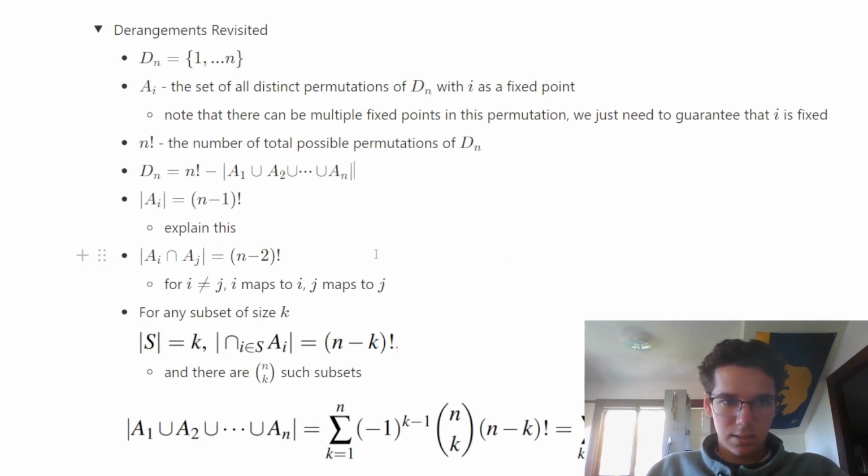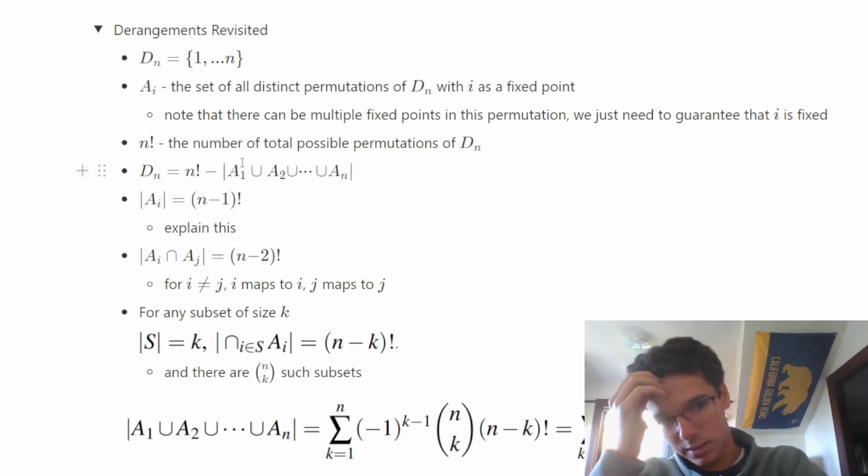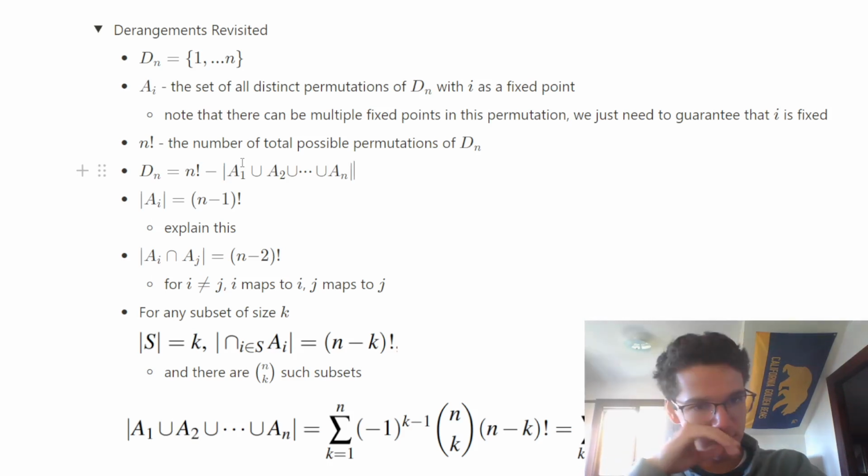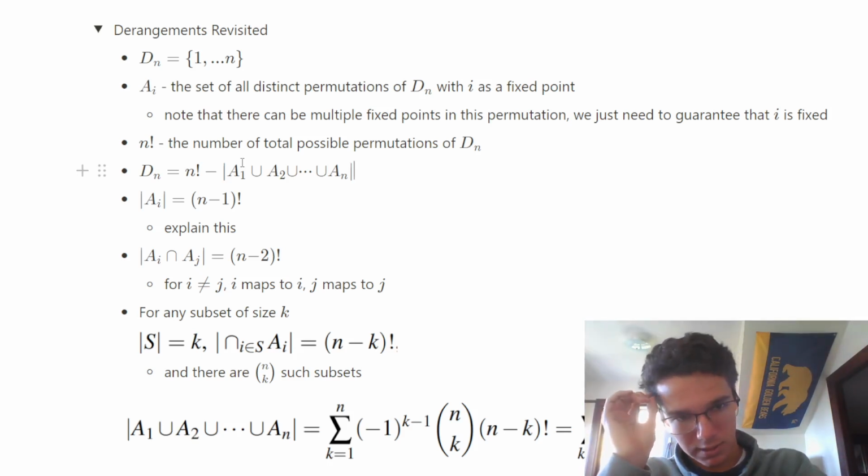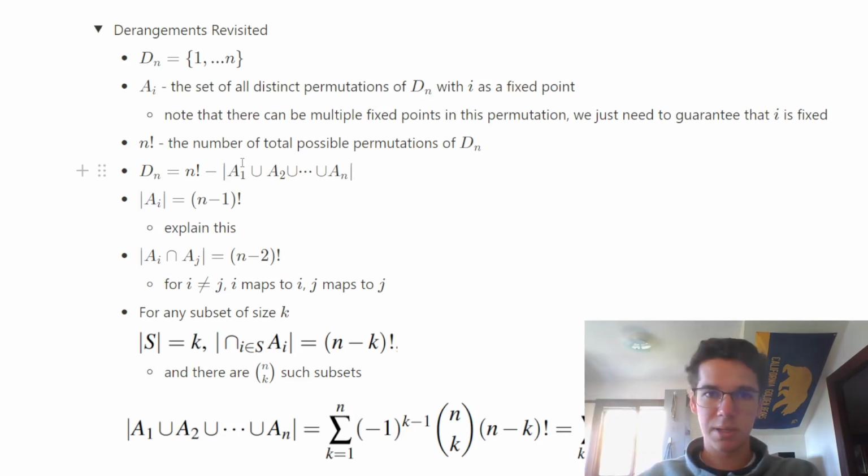And we know that the cardinality of A_i, all of the distinct permutations with i fixed, is n minus 1 factorial, because i is a fixed point, and so there are n minus 1 other elements to arrange.